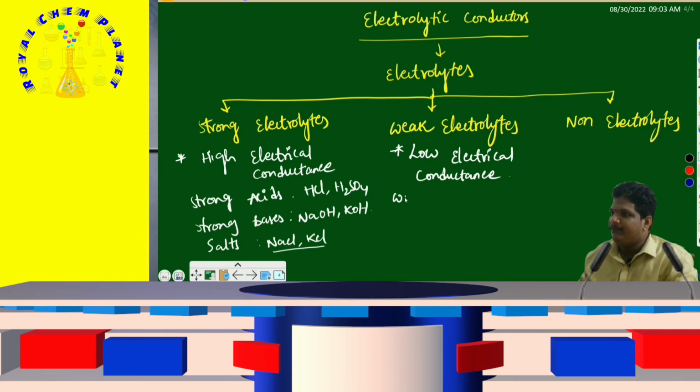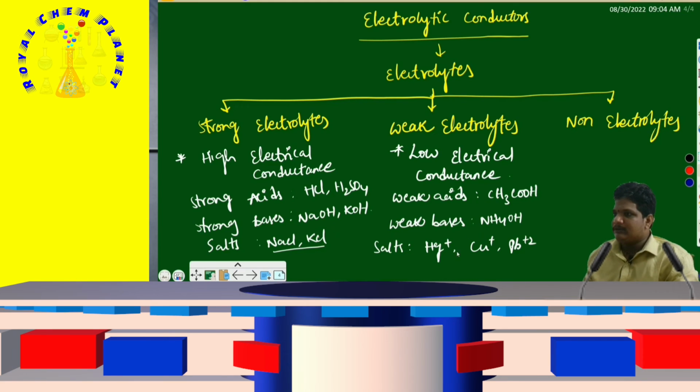For example, weak acids like acetic acid, and weak bases like ammonium hydroxide, and some salts of Hg, copper and lead.